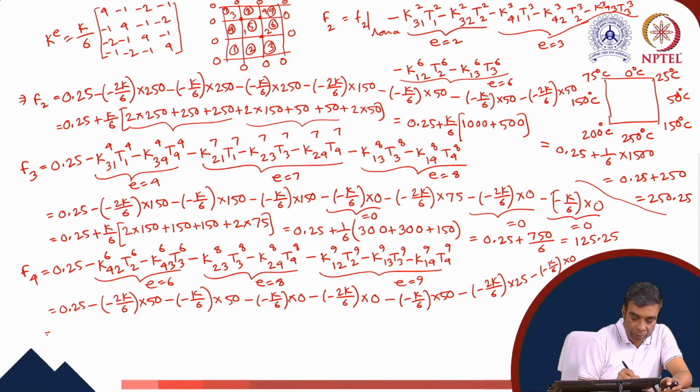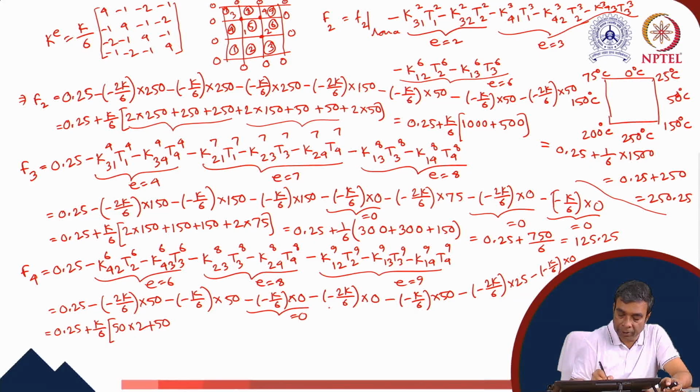Now we can simplify this term as 0.25 plus K by 6 into 50 into 2, plus, here it is 50, this is 0, this is 0, here it is 50, here it is 2 into 25, the final part is 0.